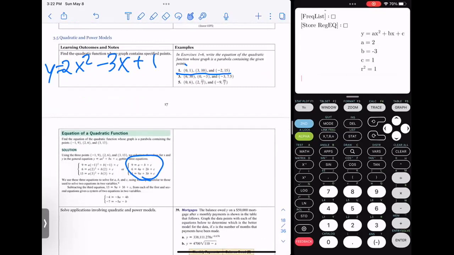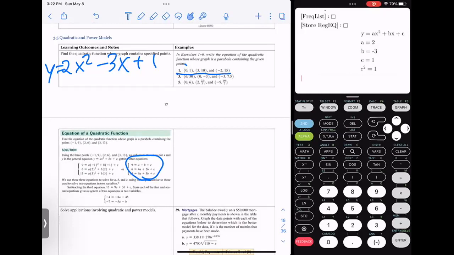So for number 1 on 3.5, this graph is a parabola containing the certain points. You can't really find the parabola just by plotting the points. What we did was a function called quadratic regression.